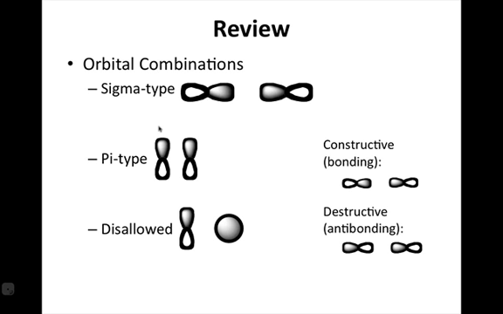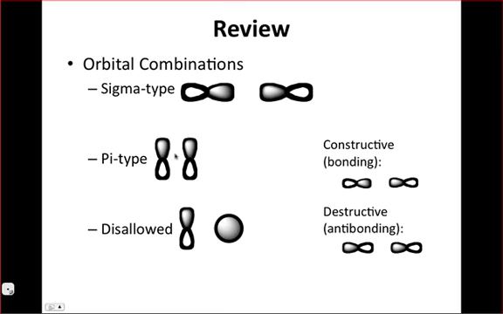All right, so first, a little bit of review. The orbital combinations that are allowed are the sigma and pi type combinations. Sigma type combinations involve head-on overlap between two orbitals, right? So we can see in this example the two p orbitals that I've drawn here are overlapping head-on.